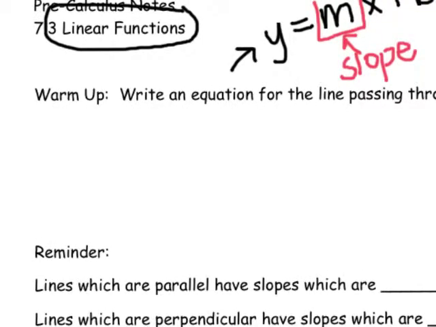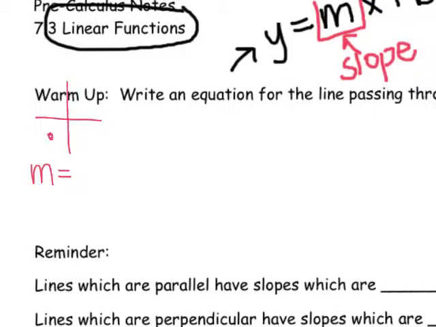Alright, so slope, as I said, is rise over run. You are going to have to memorize these formulas. If you have difficulty memorizing the formula, if you can remember rise over run, that lets you know that when you rise, that's the change in your y value. Let me graph it.